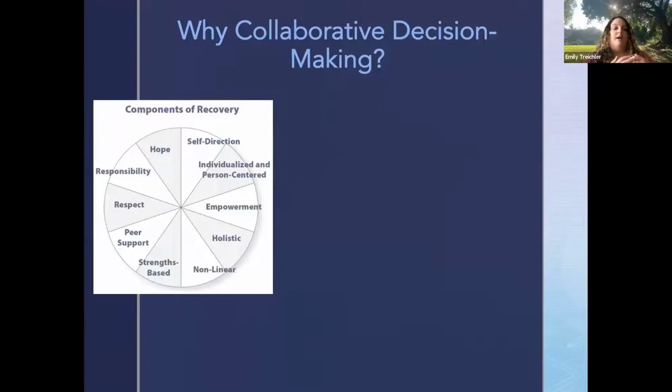And so collaborative decision-making fits really well with that, so that we're making sure that our services align with what people are really looking for and help them have the lives that they enjoy, whether or not their symptoms improve. Doesn't mean that we don't care about symptoms improving, but we want to make sure that we're attending to all of the aspects of someone's life. And particularly, I think it hits on these three parts. So self-direction, that people have that self-direction in their care, autonomy, to borrow a word from someone's mention of their ideal treatment decision-making process.